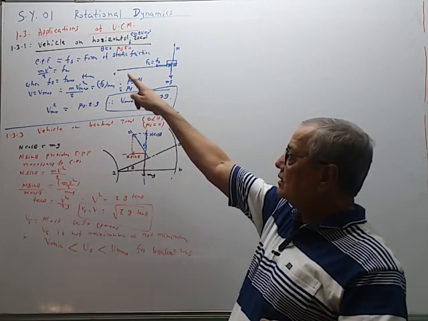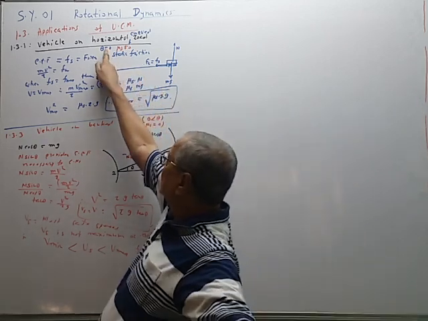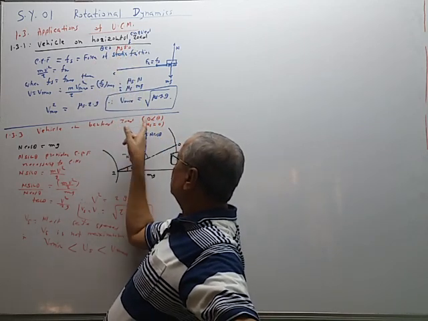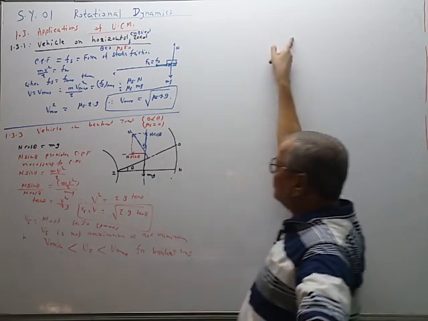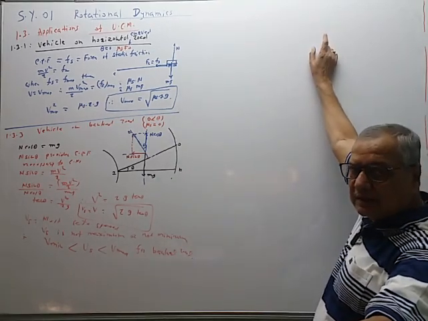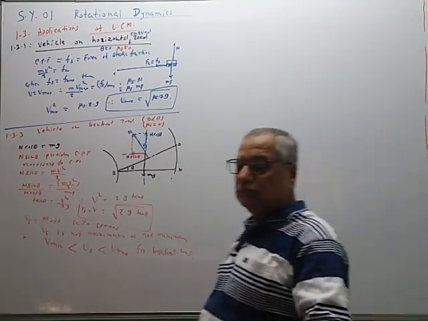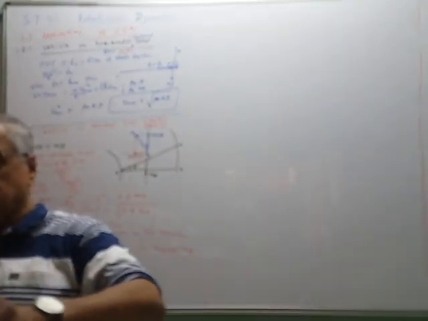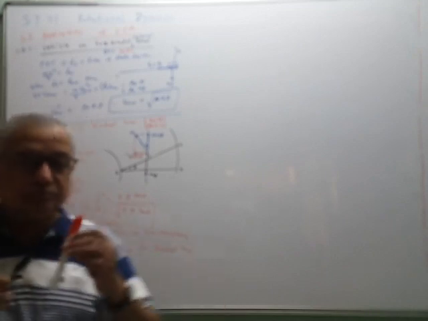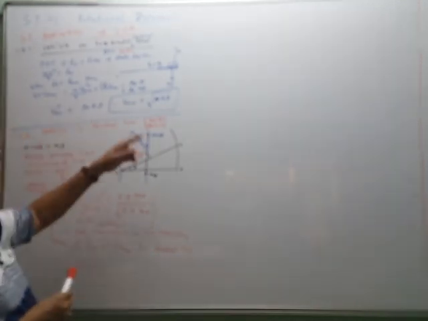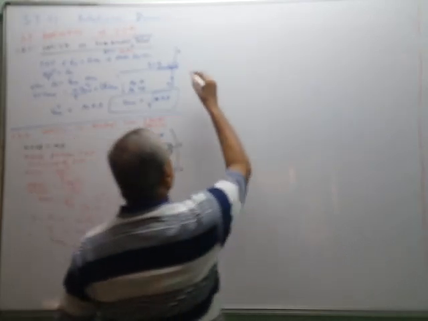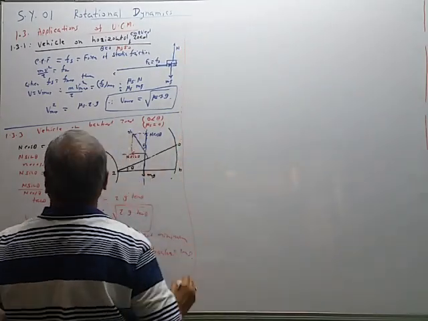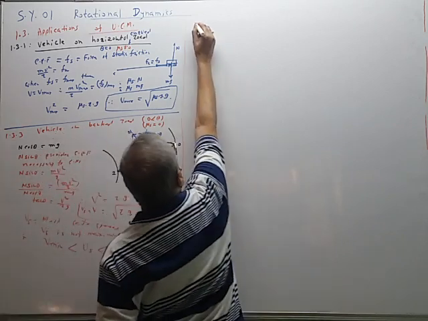This is case number 1 when no banking, theta is equal to 0, but there is friction. Case 2: there is banking but no friction, and the third case is there is friction as well as banking of the road. So we have to see this third case in the same article 1.333. So we will see case number 1, case number 2, case number 3.